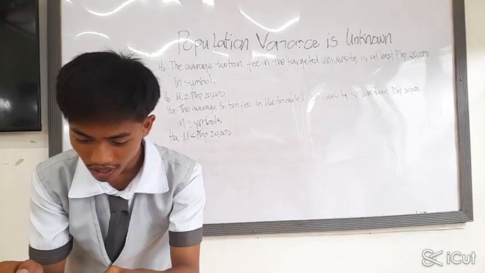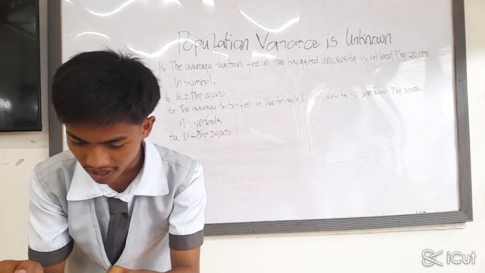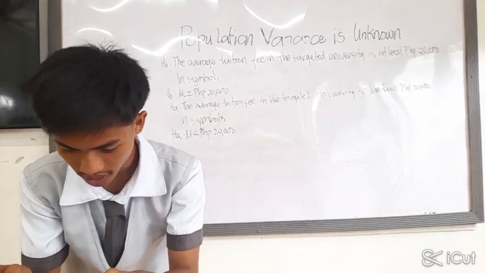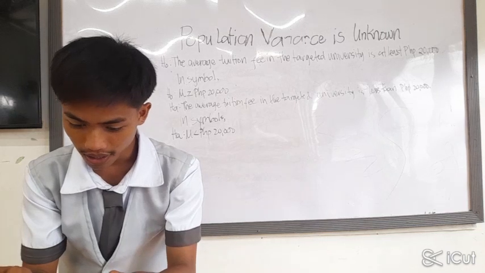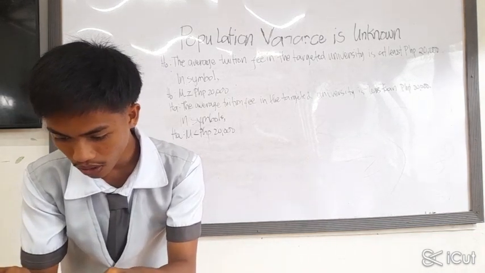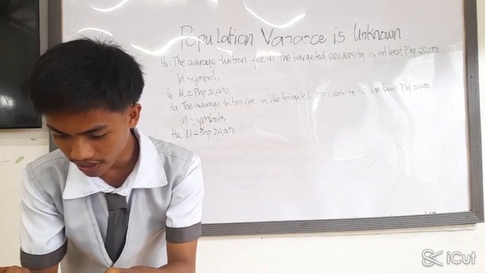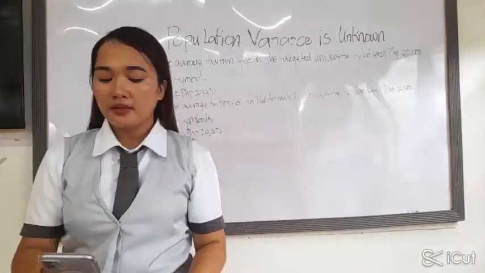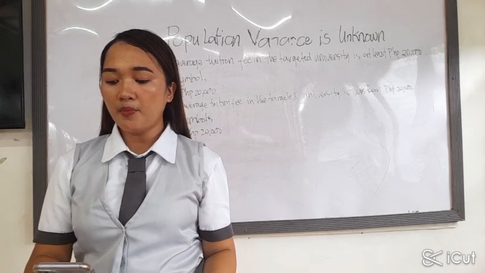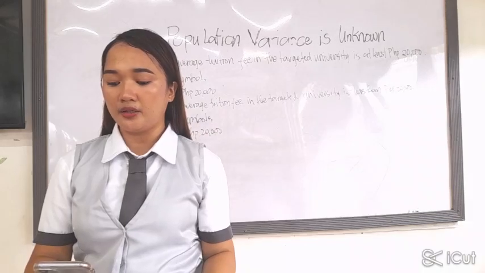Step 2. Identify the test statistic used given the level of significance and the distribution of the test statistic, and set the decision rule. Specify the rejection region. Test statistic: the population variance is unknown, and the sample size is less than 30.